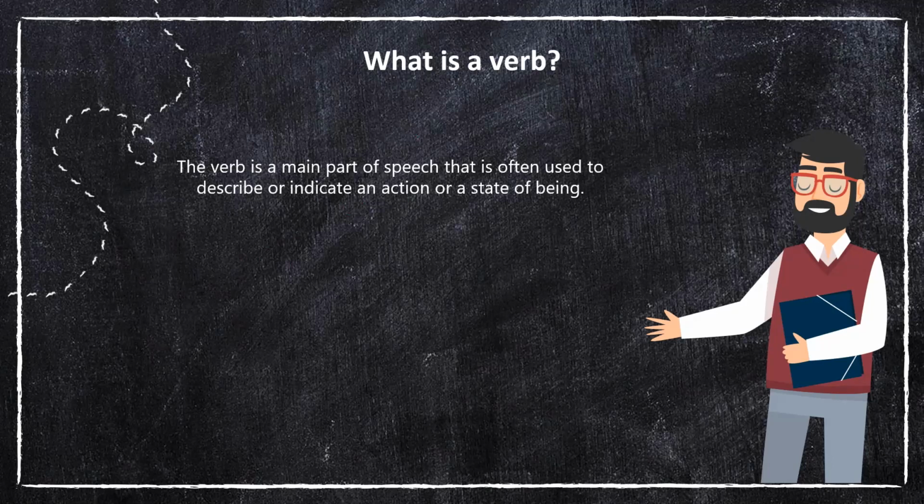But what do I mean by state of being, though? Some verbs are not used to describe an action, so they're not used to describe something that is being done, but something that is. For example, Sally reads poetry is something that Sally is doing. In this case, reads is the verb. However, the cake tastes good.